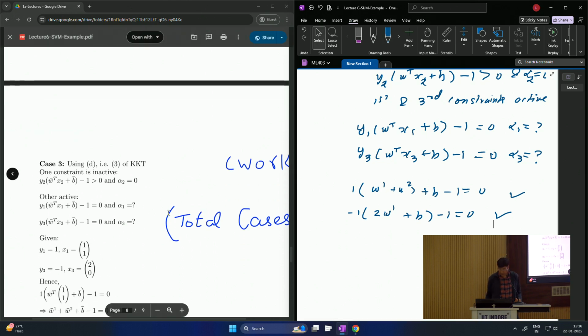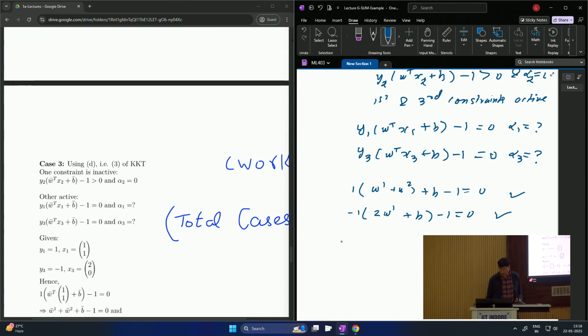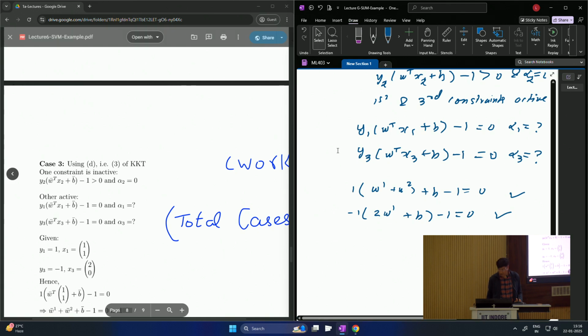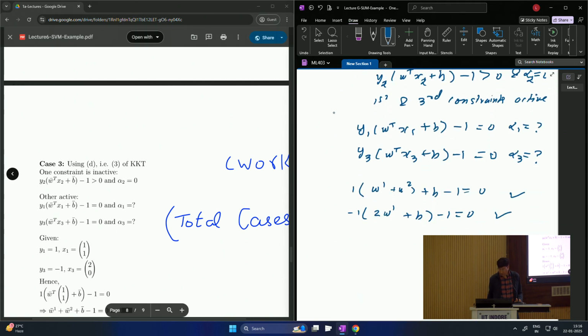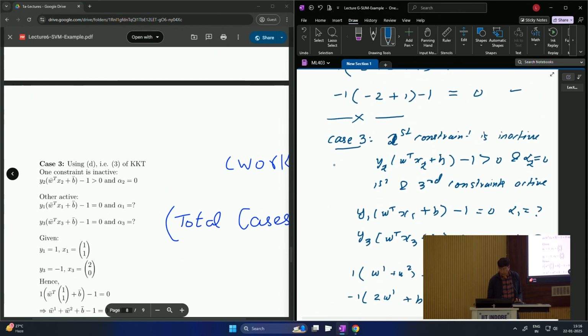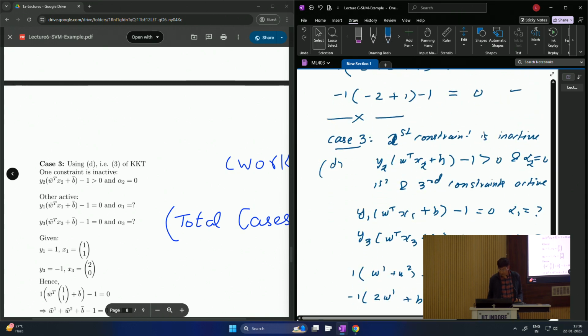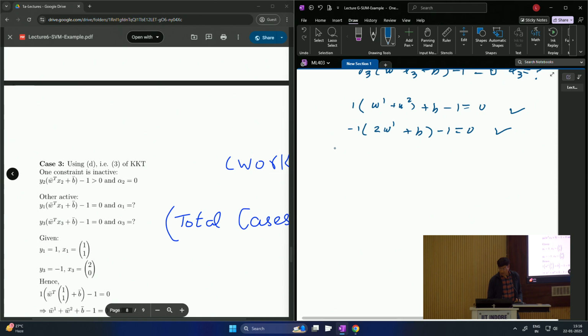Then you will go back to the C condition. This is the D condition which we are applying. The first condition was the summation of alpha i y i is 0. So alpha 2 is anyway 0, so it will be alpha 1 minus alpha 3 equal to 0.